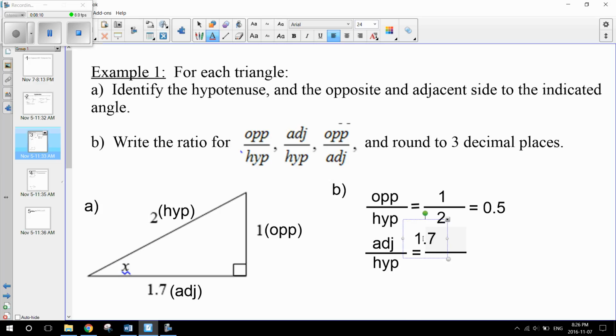I'm hoping that someone said 1.7, that's the value of our adjacent side. And then hypotenuse, again, we know is 2. Now this time, throw that into your calculator. 1.7 divided by 2. When you plug that in, you should get 0.85.